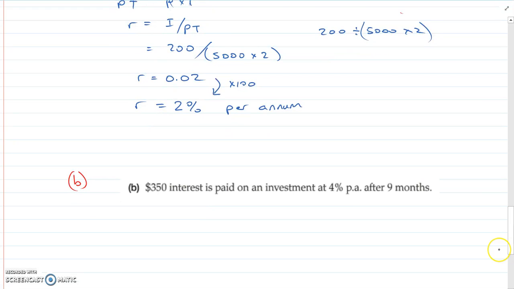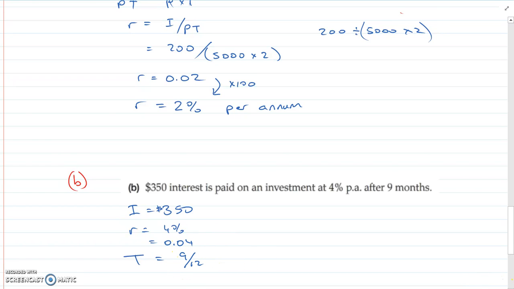B. $350 interest is paid on an investment at 4% PA after 9 months. So we know that I is $350. We know that R is 4%, which is 0.04, not 0.4. T is not 9, because T is in years.